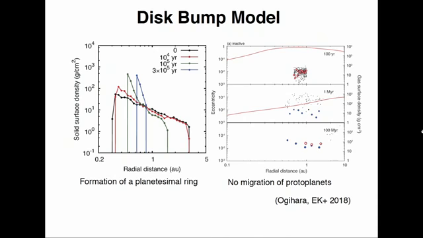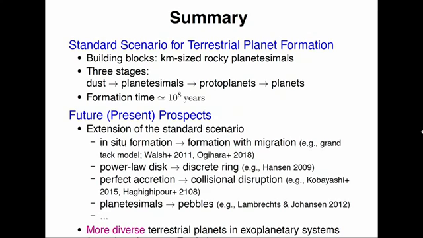Okay, so let me summarize my talk. We discussed the standard scenario for terrestrial planet formation, where the building blocks are kilometer-sized rocky planetesimals. It consists of three stages. The first one is dust to planetesimals, the second is planetesimals to protoplanets or embryos, and the final one is protoplanets to planets.